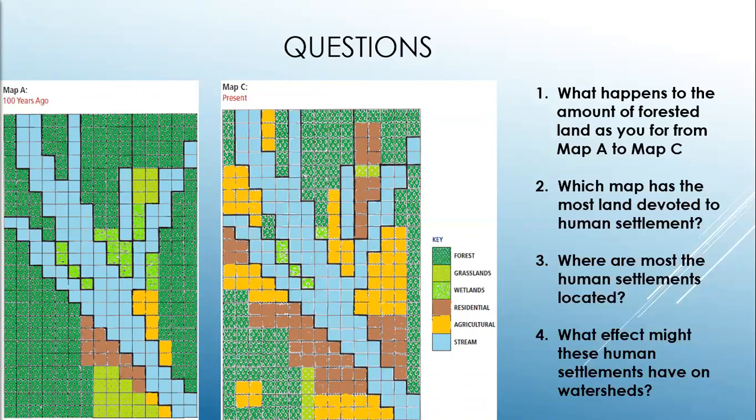Now, last question, what effect might these human settlements have on watersheds? So I mentioned it before with how much more an increase of pollution and plastics make its way into the ocean, but there are other things that are affected. For example, animals living in their ecosystem have to be forced out and go deeper into the forested areas.